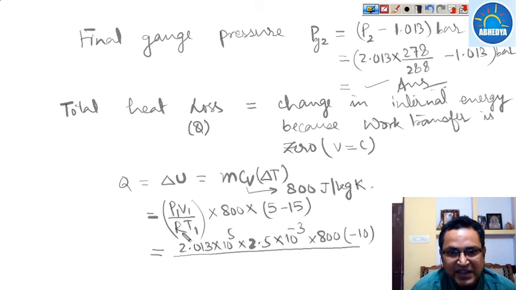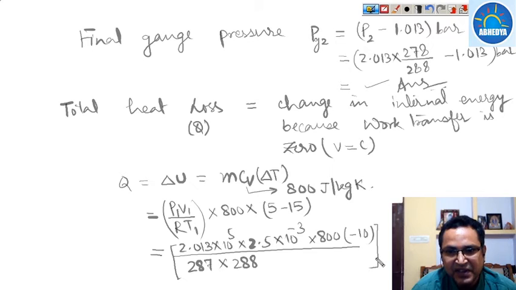It comes to be around 0.287 kilojoule per kilogram Kelvin, or 287 joule per kilogram Kelvin for air. And the initial temperature was 288. Just remember this is the value of R for air.